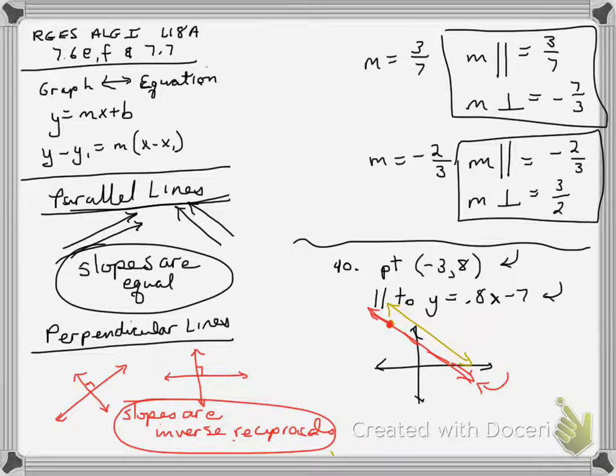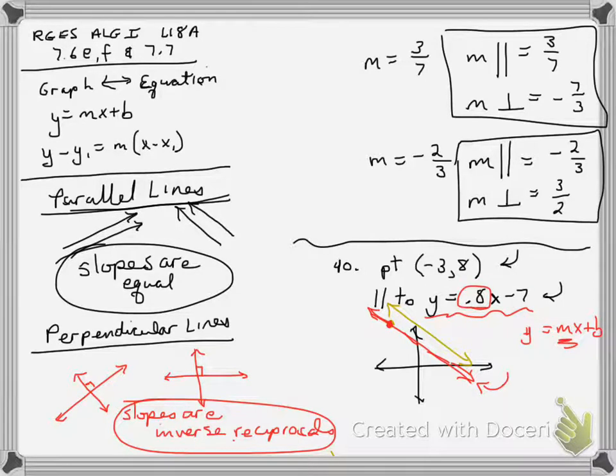Okay, so going back to the original, what am I going to do with this equation? I'm going to read off the slope, and to do that I'll use my slope-intercept form, y equals mx plus b, and my slope is right here, and there's my slope.